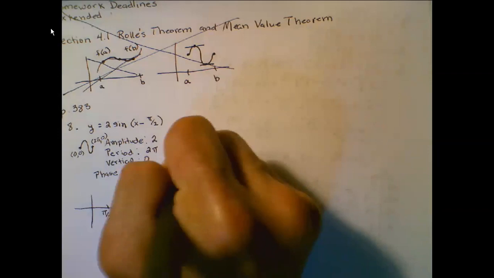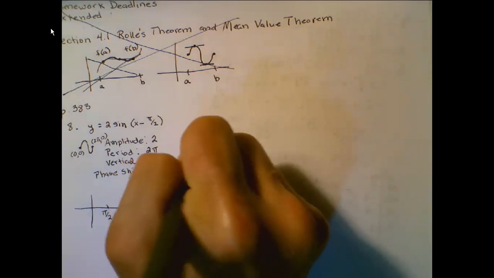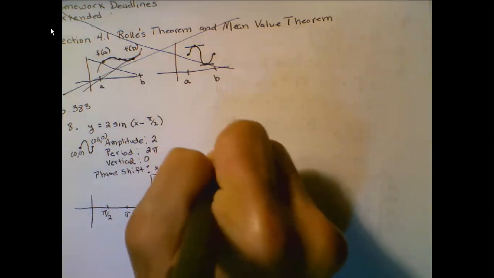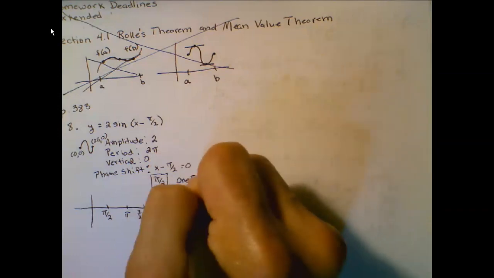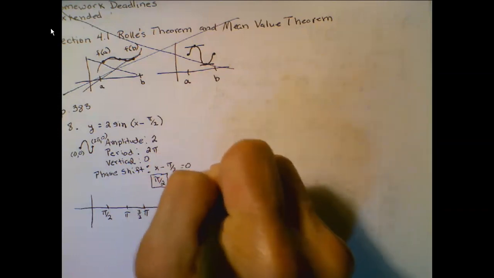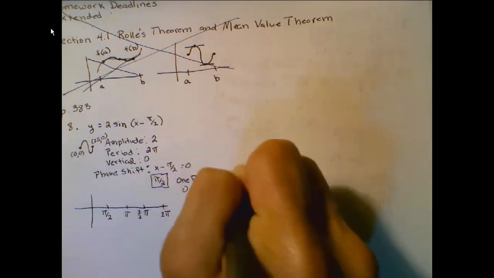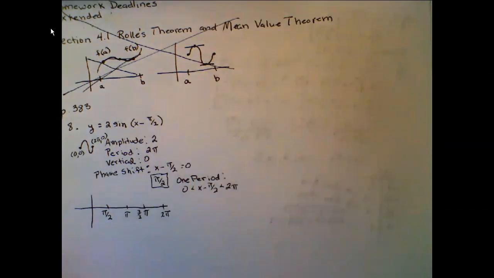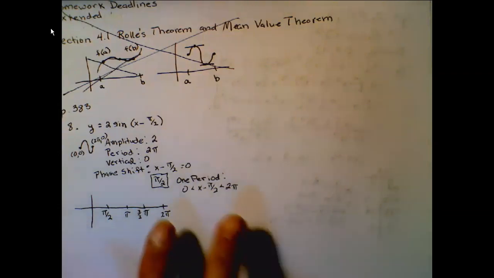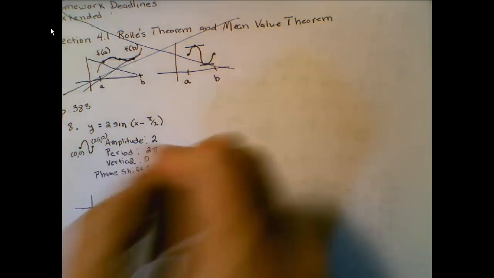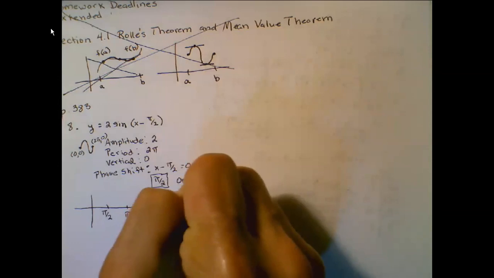On the notes, what I had typed was to find one period of the graph, you set the argument between 0 and 2 pi, and you add pi over 2 to all three sides.